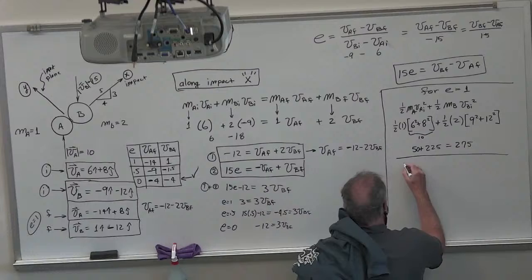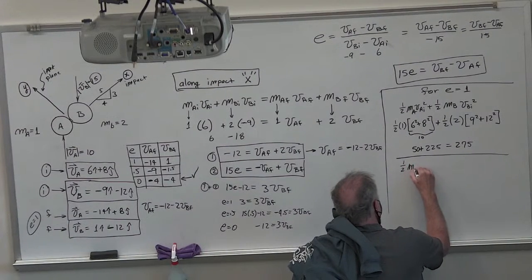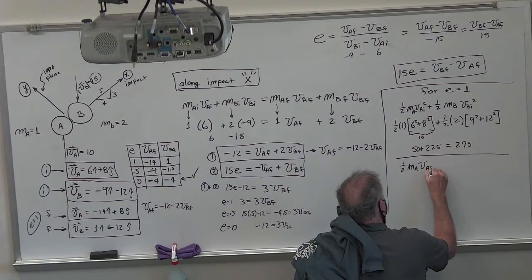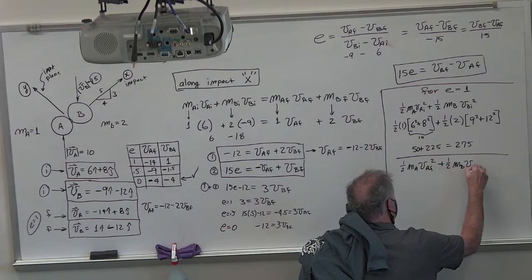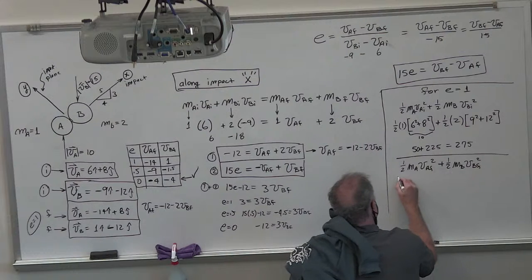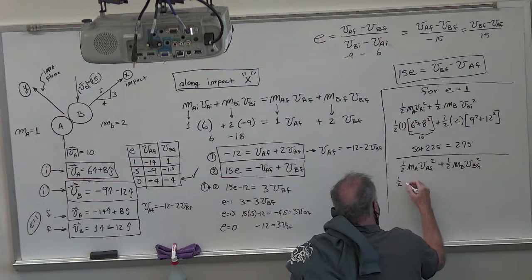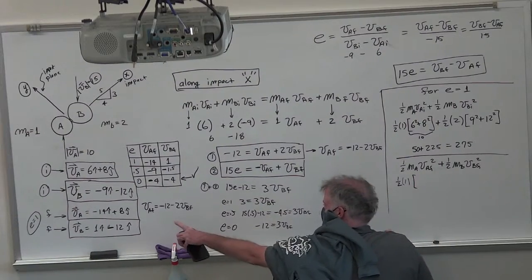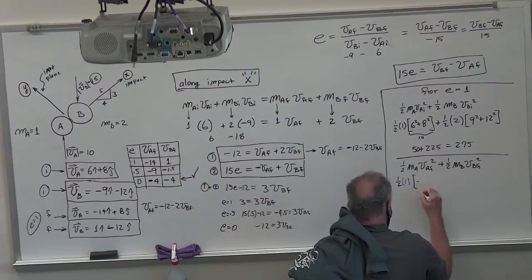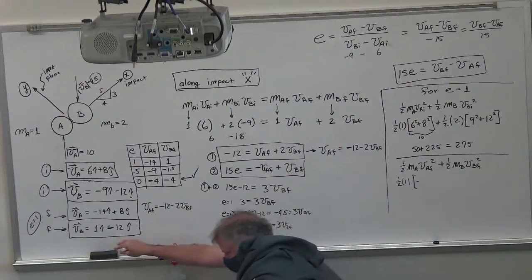Final energy state, 1/2 MA VA final squared plus 1/2 MB VB final squared. 1/2 mass still remains 1. I'm looking at the components. 14. Okay, get the eraser here.